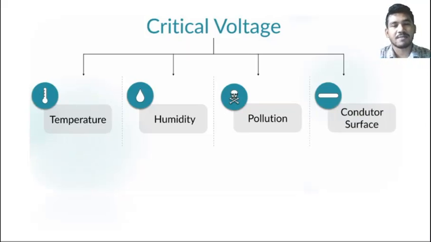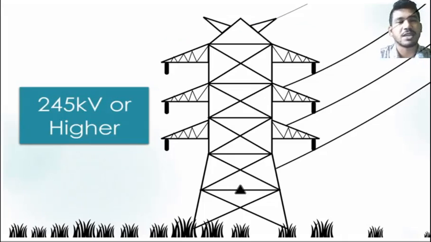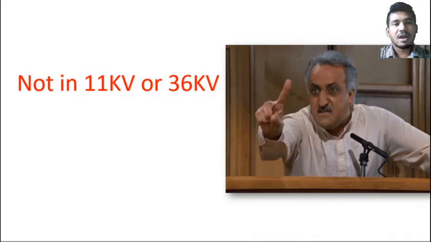We can see in the slide. Now, here is the thing to remember: the corona effect is generally seen in 245 kilovolt or higher voltage lines. So while you are passing by an 11 kilovolt or 36 kilovolt line, you cannot see the corona effect. So this is how the corona happens.